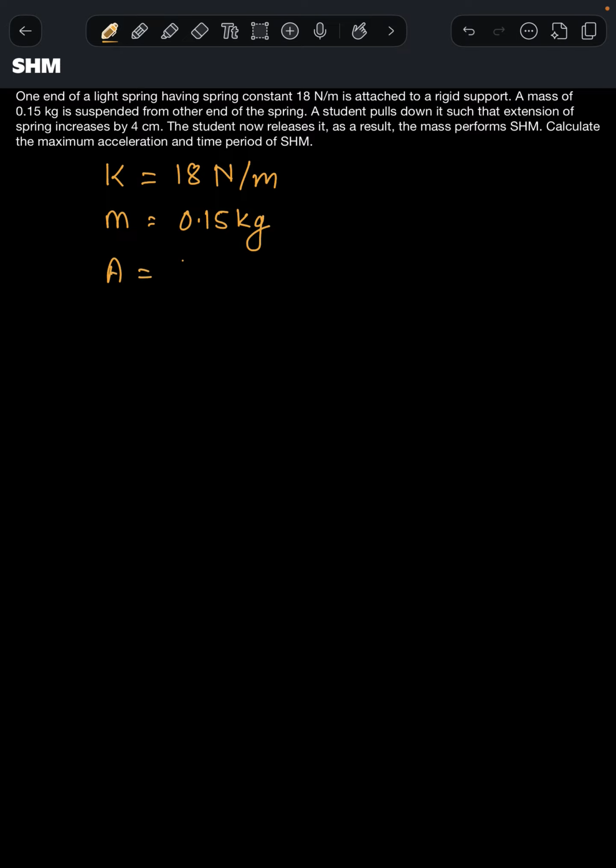Maximum displacement, amplitude 4 cm, that is 0.04 meter. The student now releases it. As a result, the mass performs simple harmonic motion. Calculate the maximum acceleration and time period of simple harmonic motion.